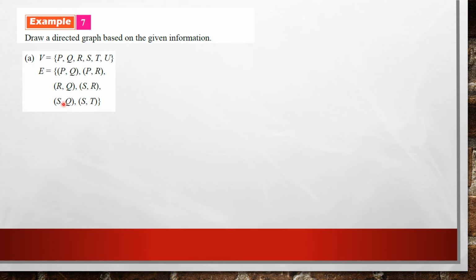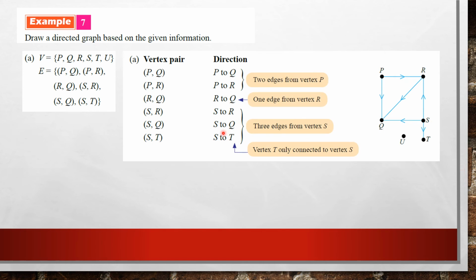So we look at part A, given vertices P, Q, R, S, T, U, and the edges are PQ, PR, RQ, SR, SQ, ST. So, how do we draw PQ? This is a directed graph. So, PQ means the line should start from P to Q. Sorry, the arrow should be going up from P to Q.